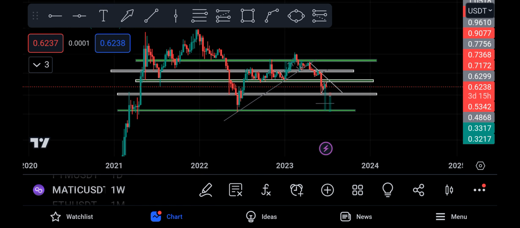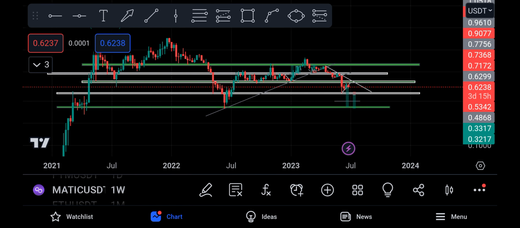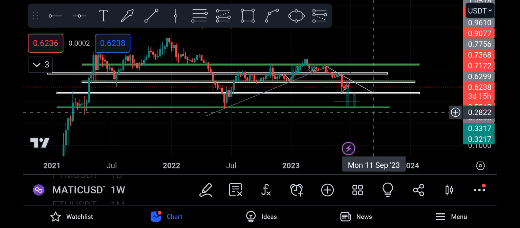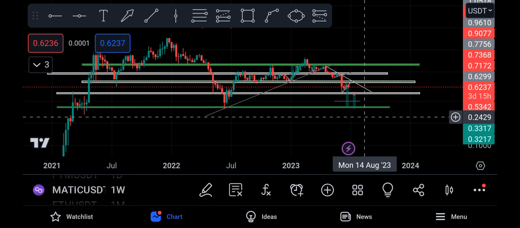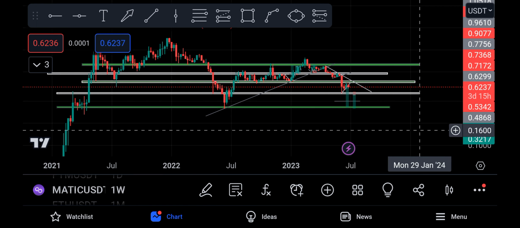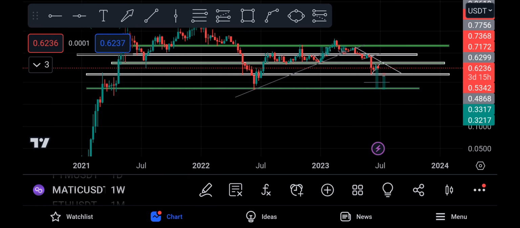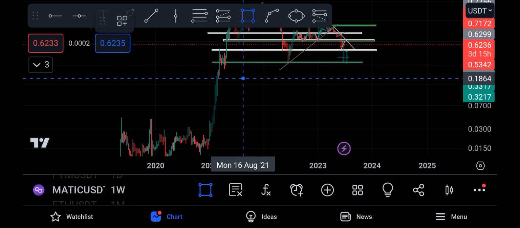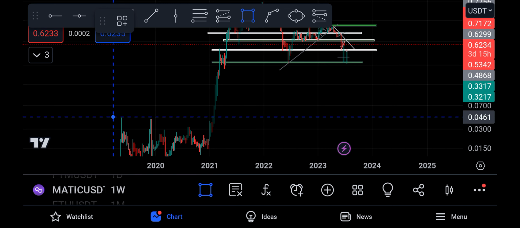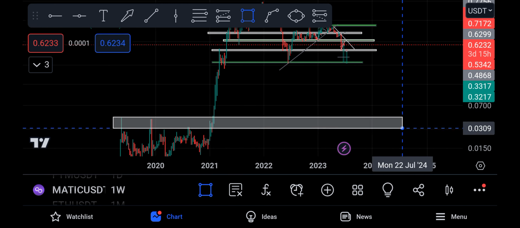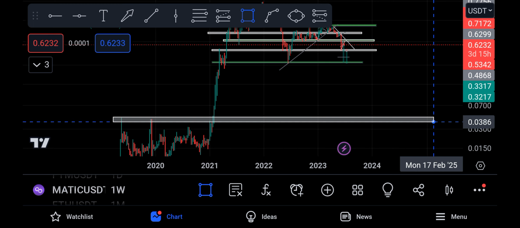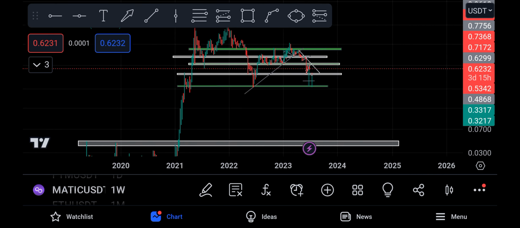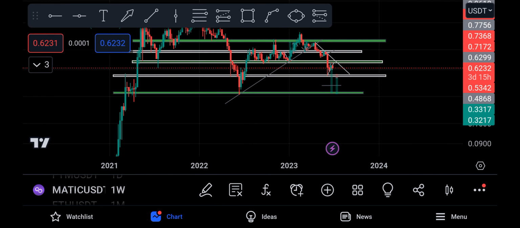Depending on the action of BTC, I don't really think it will do. Even if it does, it might come back up here and then we start a long position to the upside. But if it does and holds down there, then we have lower levels to attack. So that is my humble analysis on Matic.